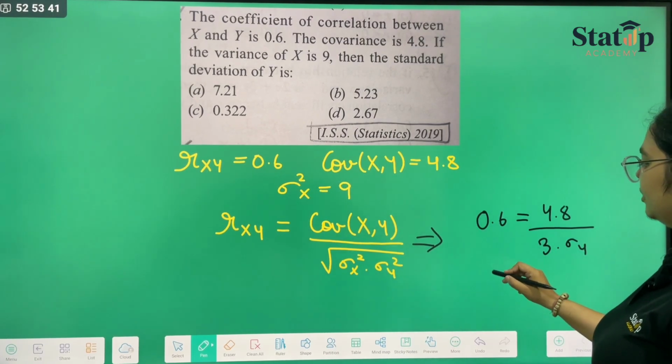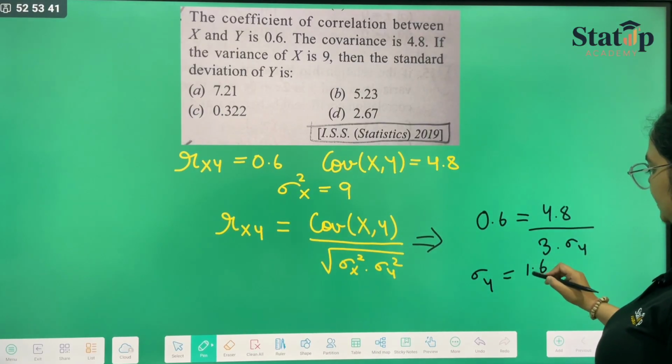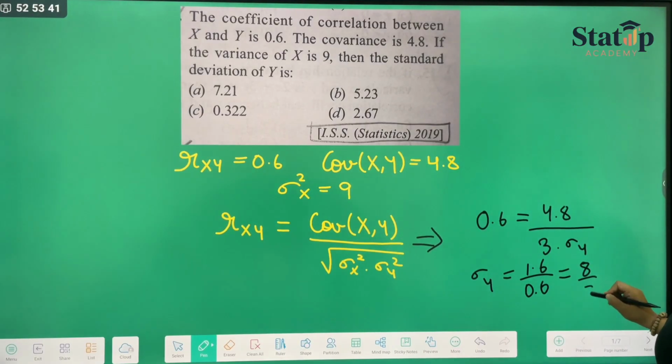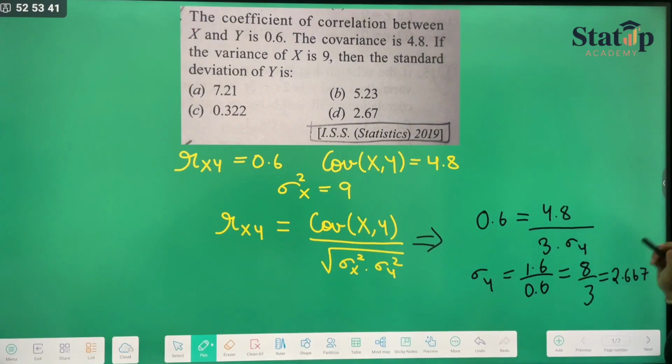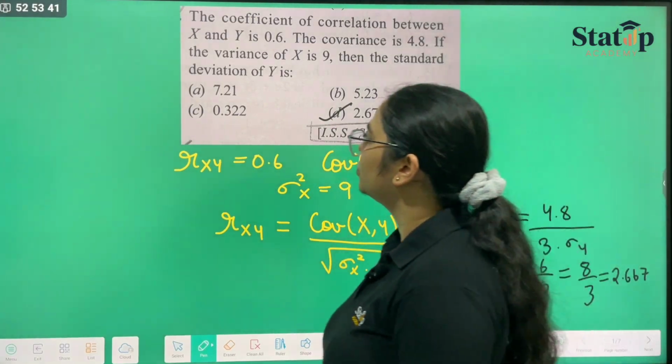Now replacing the values, we'll get sigma y equals 1.6 upon 0.6, which is 8 upon 3, which is almost equal to 2.66667, and which forms our answer, option D.